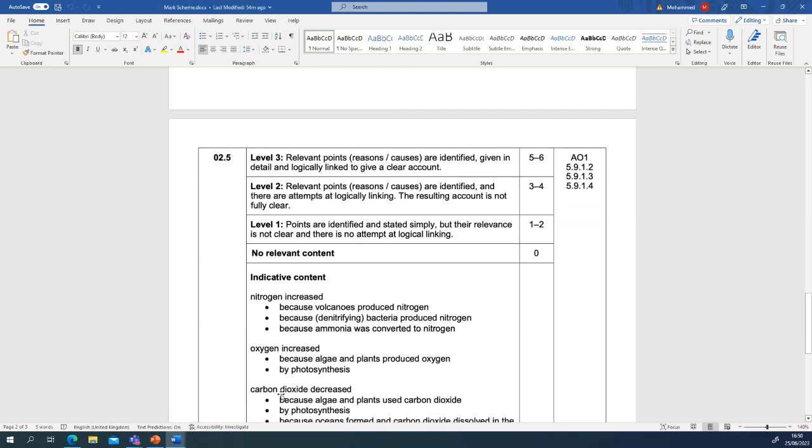You would get a maximum of 2 marks. Now, if you explain the points briefly, that would get you a maximum of 4 marks. And then if you fully explain your points and link them to the modern atmosphere, that would get you your full 6 marks.